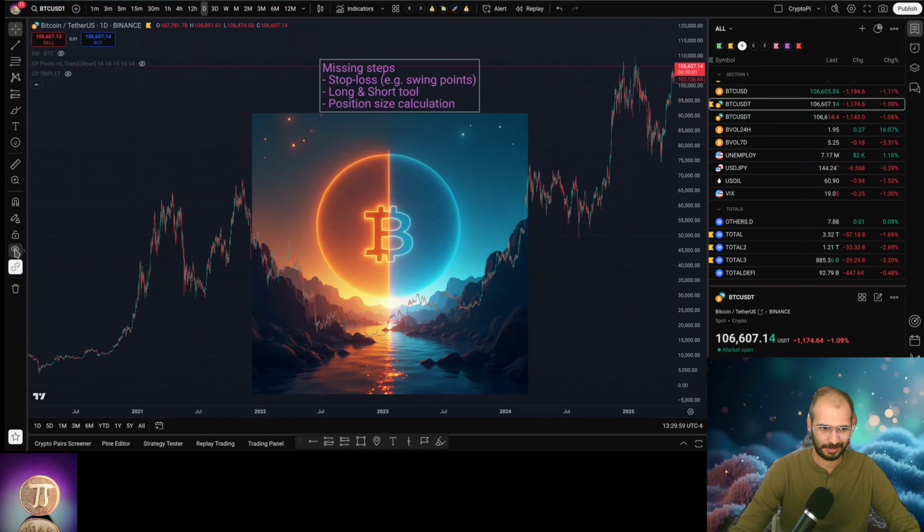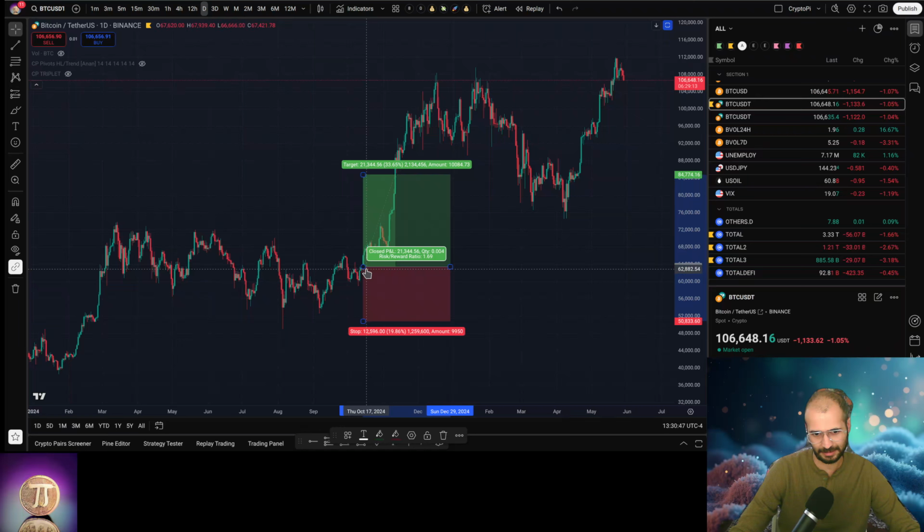This basically means that if the price, instead of going in the direction of the long side, which is upwards, took another path and started going downwards, then I would close my position when I'm at a loss of 20%.